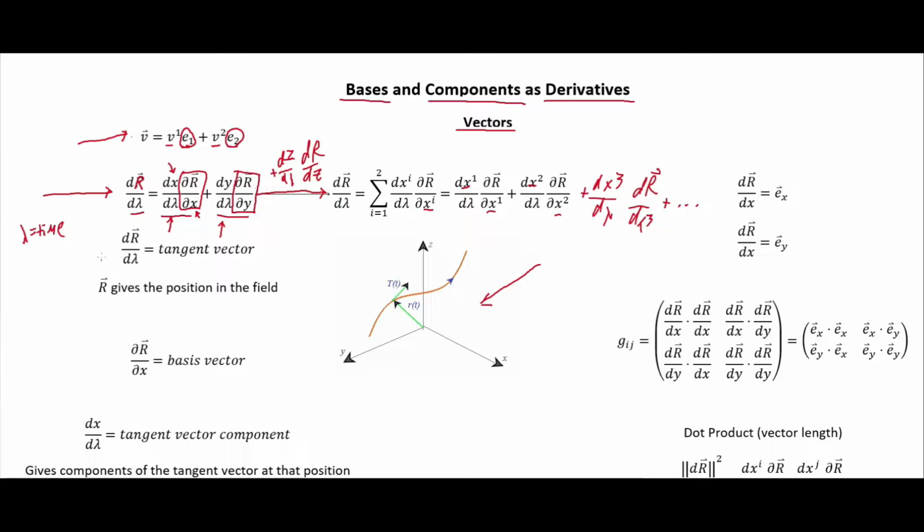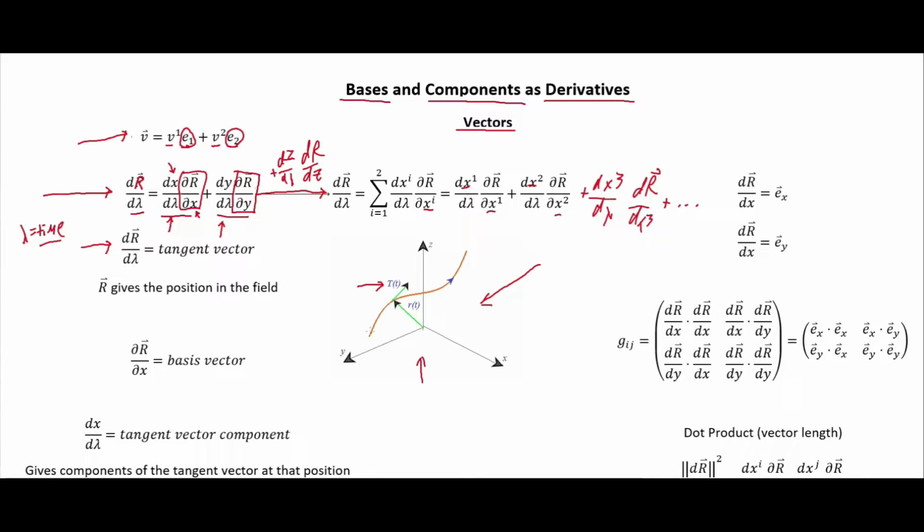And so this dr d lambda here is actually a tangent vector. That would be this vector right here on our curve. This curve in this image would actually be in terms of x, y, and z, with dx d lambda, dy d lambda, and dz d lambda, because we are changing our x in, I guess you could think about it as time.